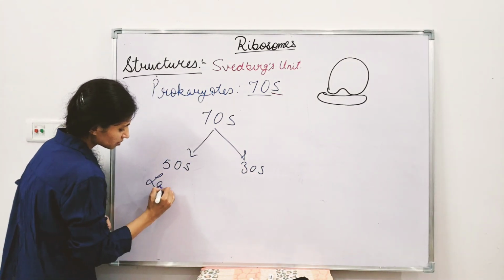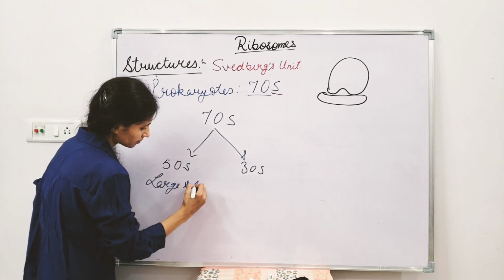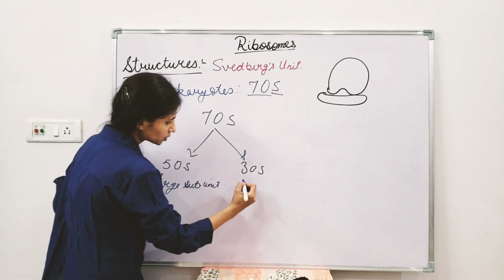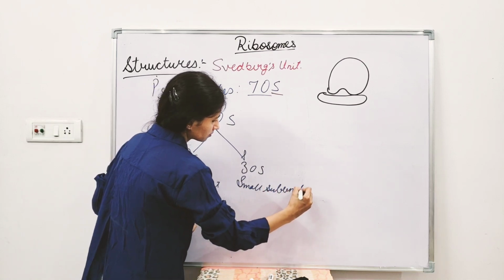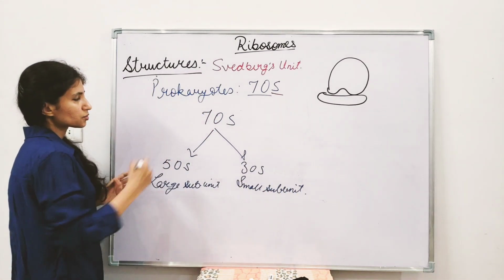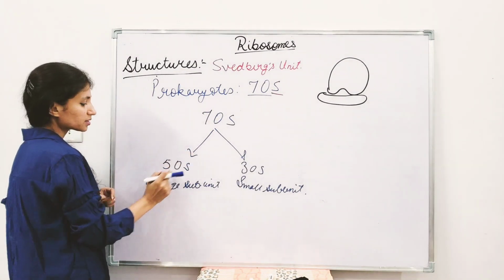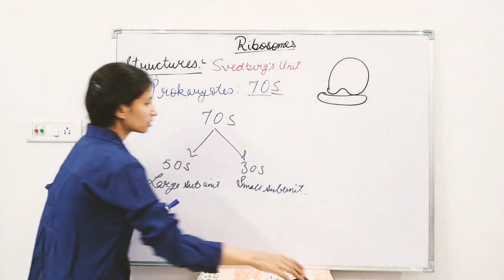This one is your large subunit and this one is your small subunit, okay. So prokaryotes have a 70S ribosome, that is the 50S and the 30S, alright.